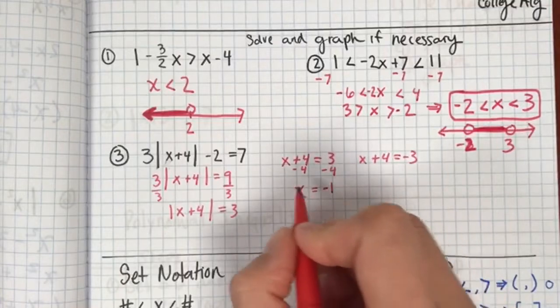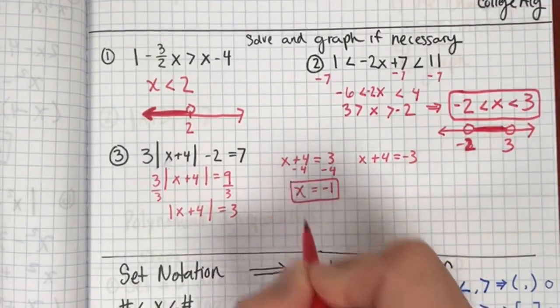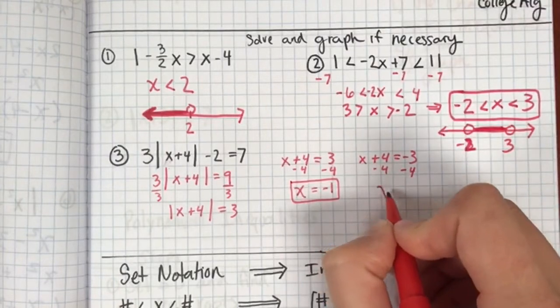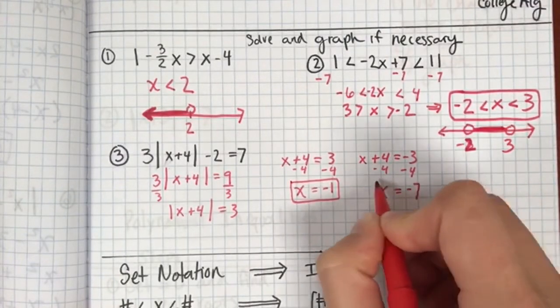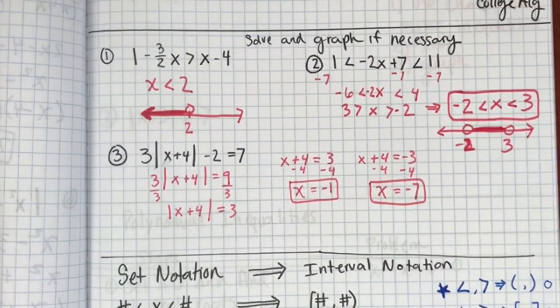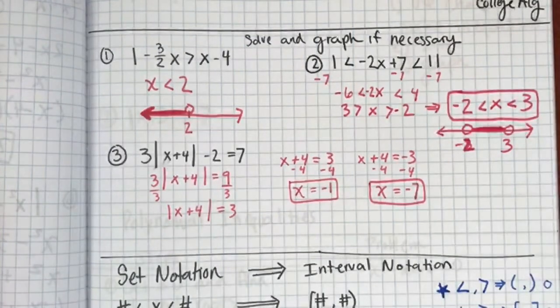So we've got x equals negative 1 and x equals negative 7. All right, so those are just some examples of inequalities and absolute value.